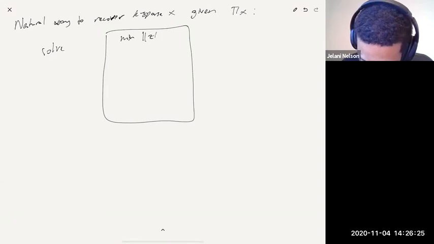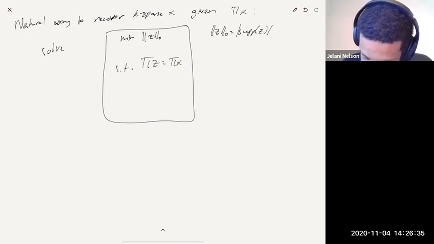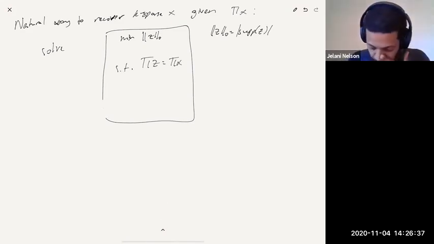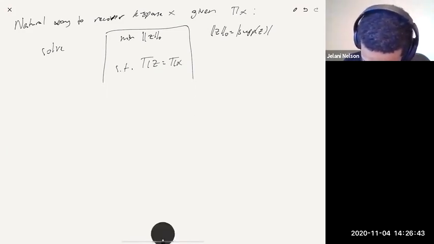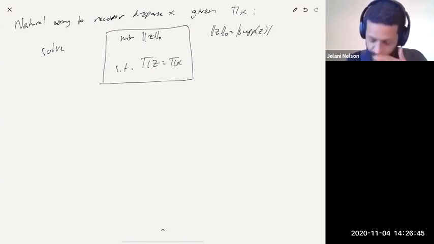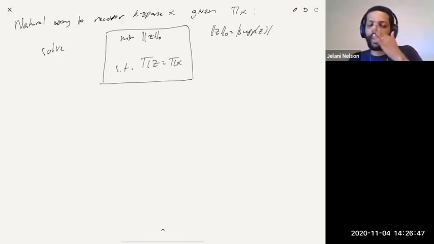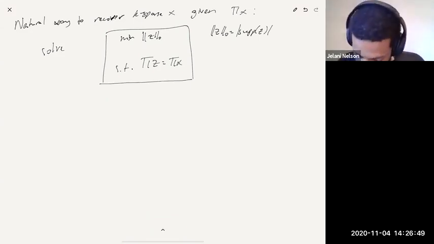Minimize the L0 norm of z, which, when I say L0 norm, I just mean the support size, subject to pi z equals pi x. That will find the sparsest solution that has the same image.